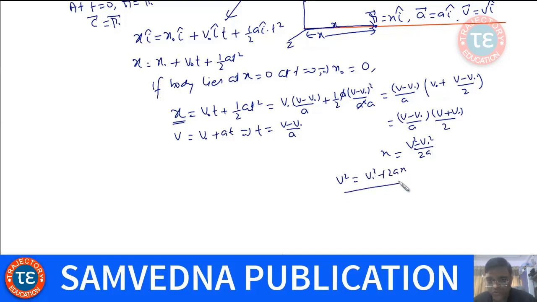So you can say v square is v naught square plus 2ax. Means final velocity square equals initial velocity square plus 2ax.